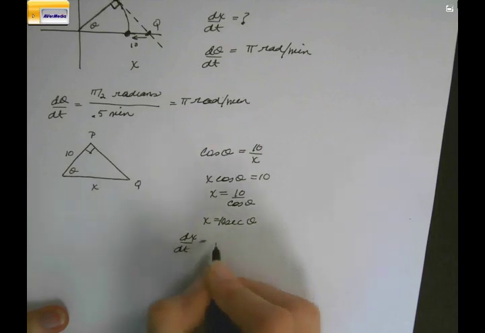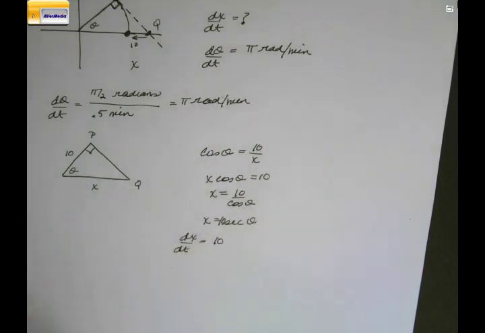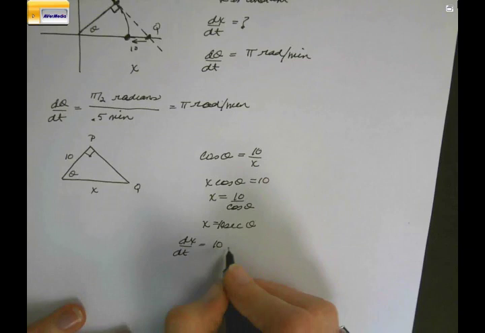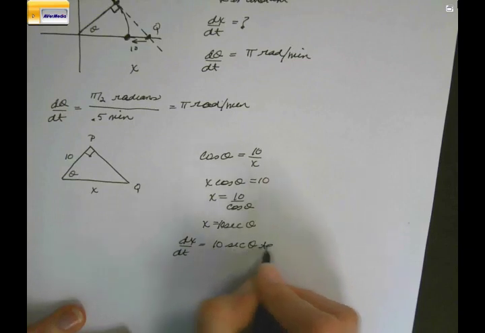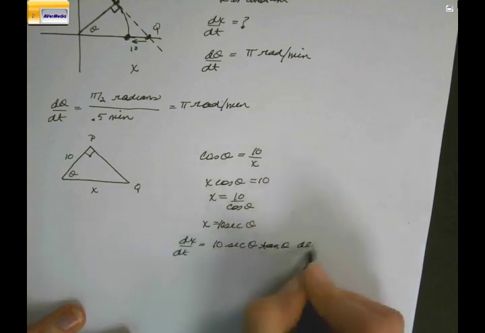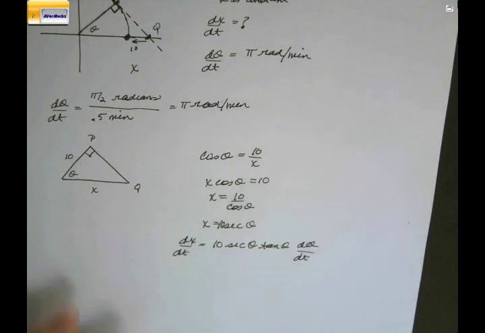So dx dt equals 10. What in the world is the derivative of secant? Is it secant theta tan theta? Yeah. The derivative of secant theta is secant theta tan theta, and then don't forget d theta dt.